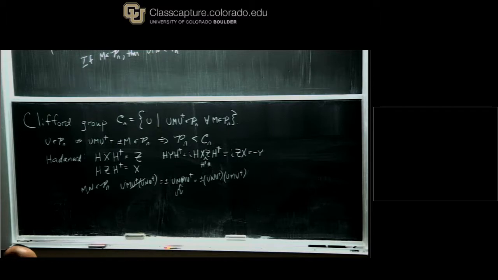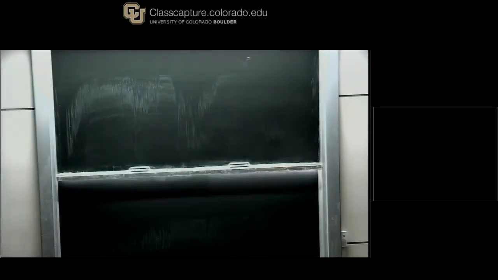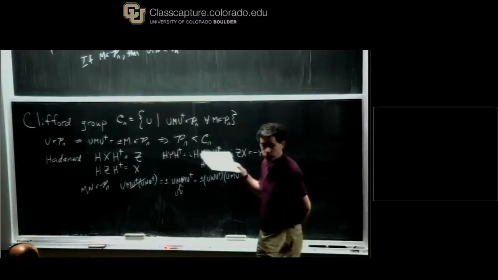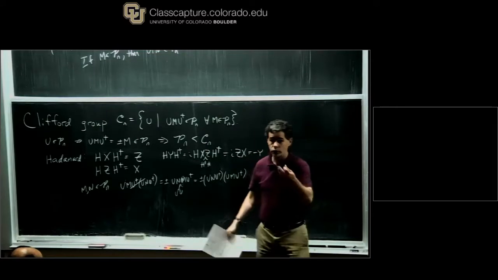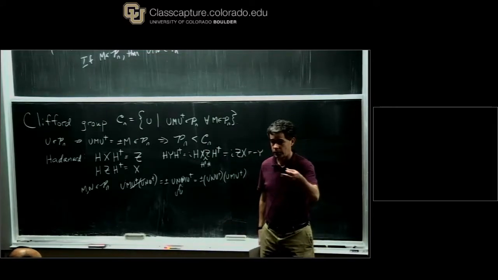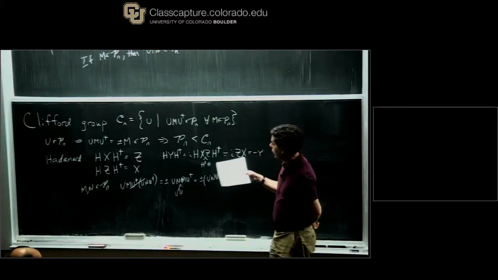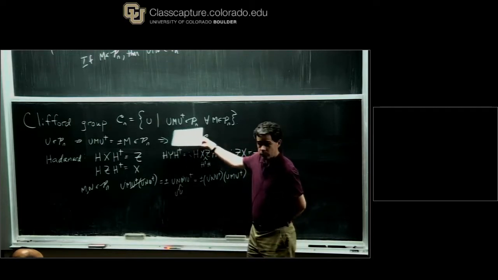So how does this all work for qudits instead of qubits? It works the same way. In fact, I don't have to change any of these definitions. I just say the Clifford group for qudits. So you have a different Pauli group for qudits, with the shift and the phase operators. And then the Clifford group is defined this way.